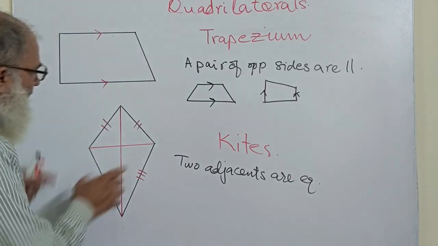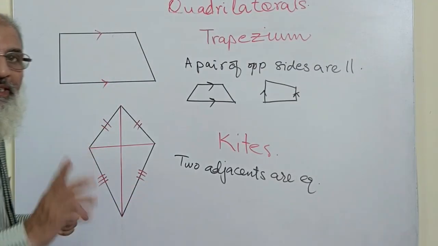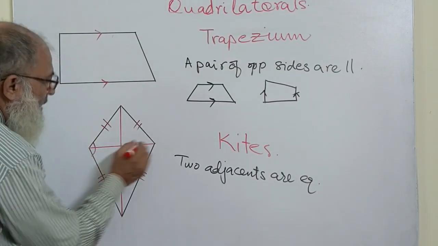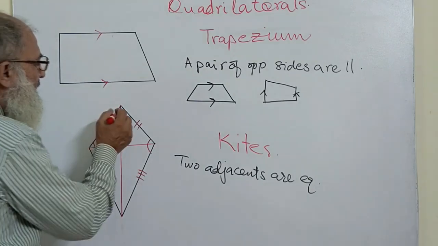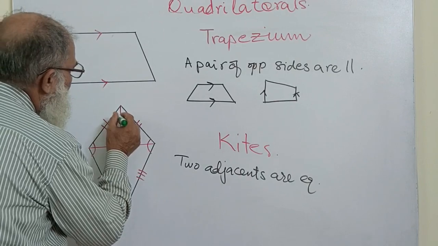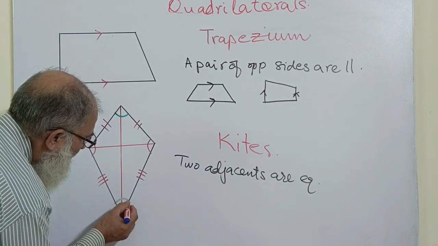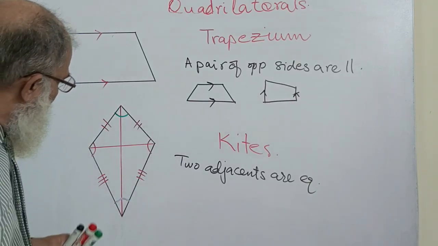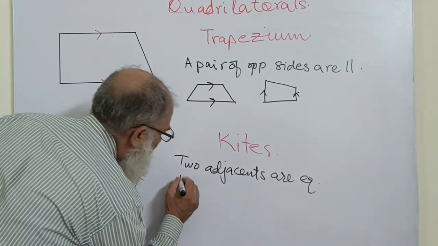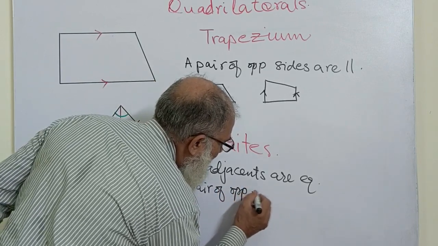Very unique property, that only one pair of opposite angles are equal. Now here you can see that this angle is equal to this angle, but this angle is not equal to this angle. So one pair of opposite angles are equal.